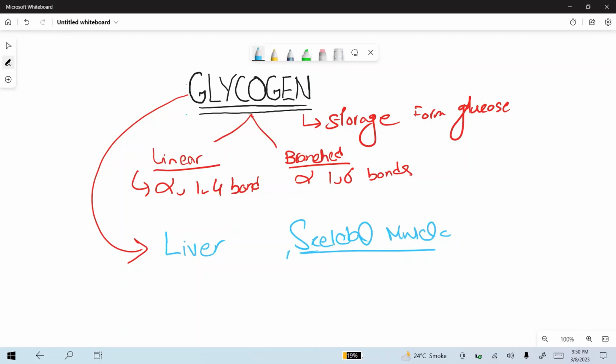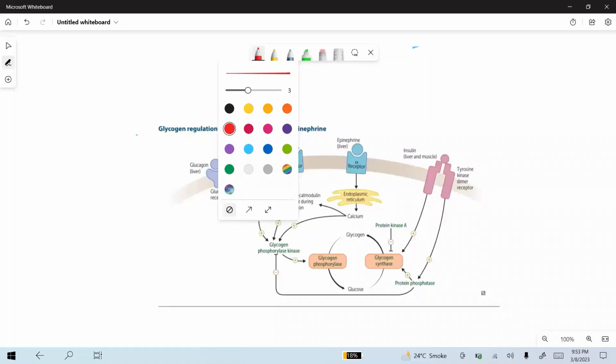The glycogen present in the skeletal muscle is used during exercise, while the glycogen present in the liver cells as a storage form is utilized in the fasting state or the state of hypoglycemia.